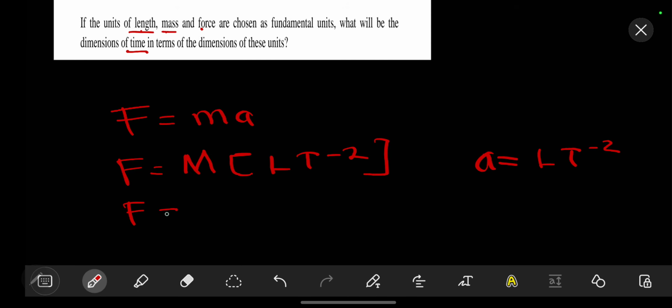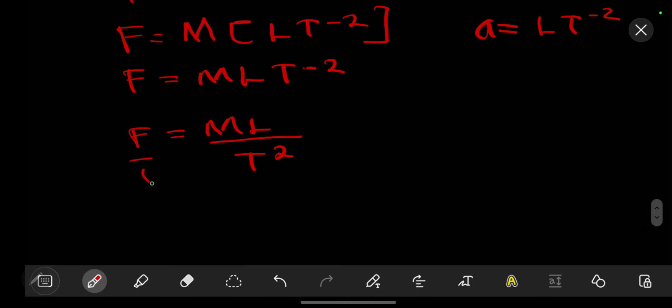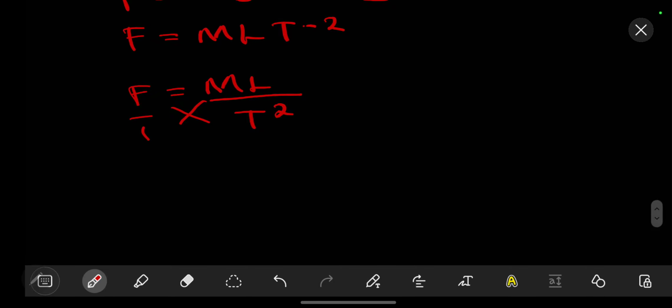So force should be equal to M L T raised to the power negative 2, which can be written as force equal to M L over the time to the power 2. Then we cross multiply. So what we are going to have is F times T squared, so F T squared should be equal to M L.